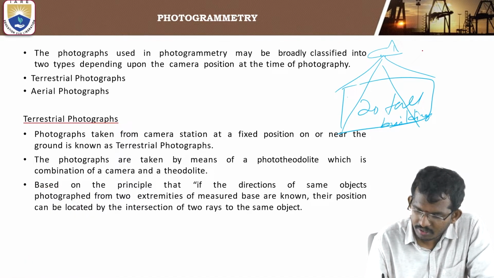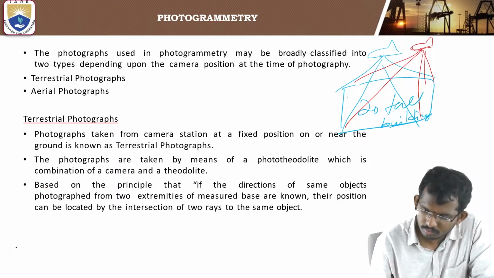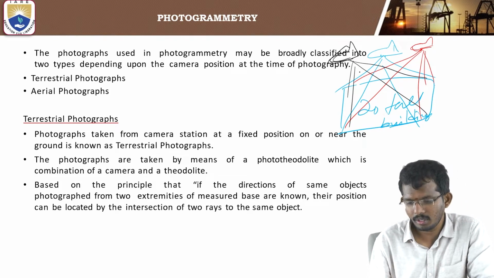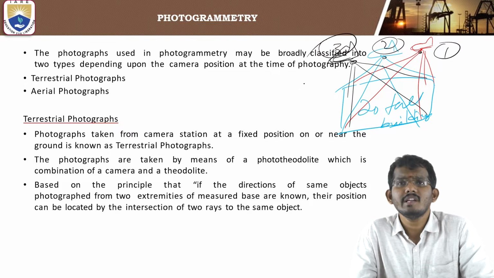Initially, the aircraft was here. Here it captured the image with 60% overlap. It will capture one image, and again it captures the image like this. So here the first picture, second image, and third image. We have 3 images.